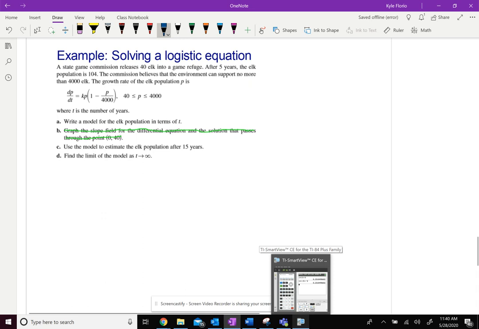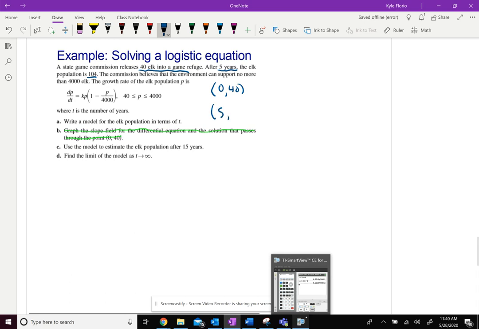All right, sounds pretty tough. Let's just break it down to a couple things. The state game commissioner releases 40 elk into a game refuge. So their initial population at time 0 is 40. That's like the initial condition. After 5 years, the elk population goes to 104.